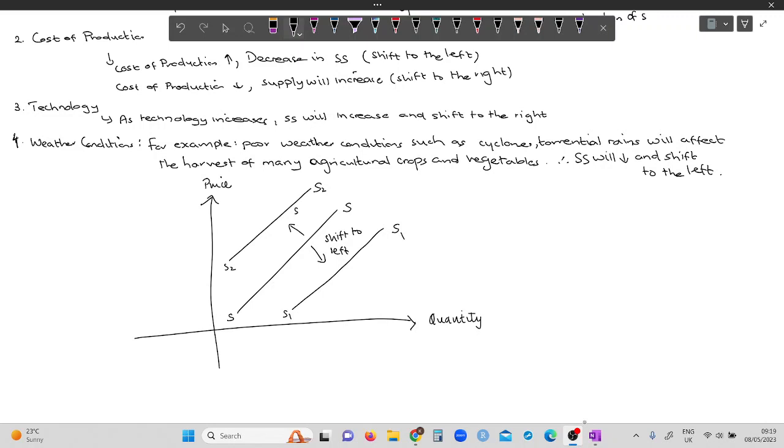And from S to S2, it shifts to the right. So this is how we determine the shifts of the supply curve.